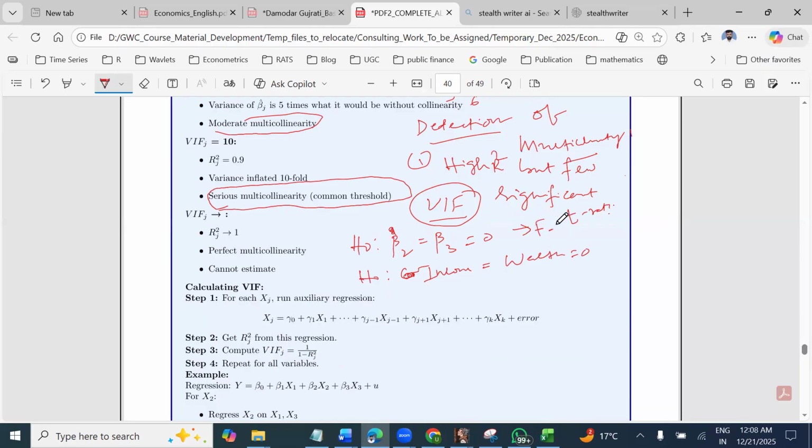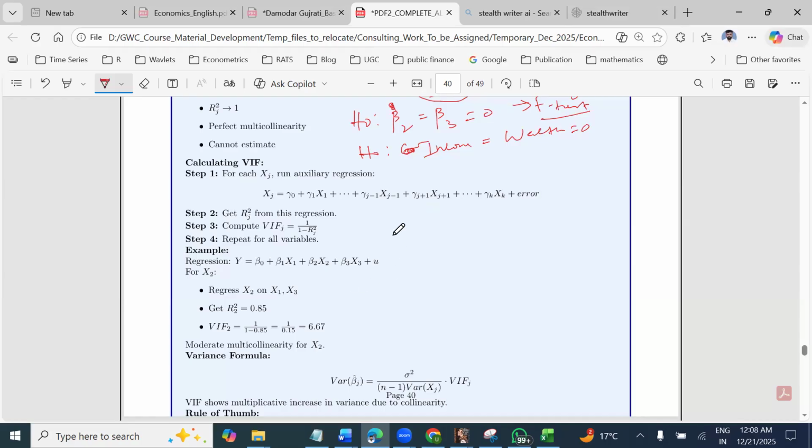Chinmay, in the F test, what do we basically assume? We assume the null hypothesis that all the slope coefficients are equal to 0. What does exactly this mean?